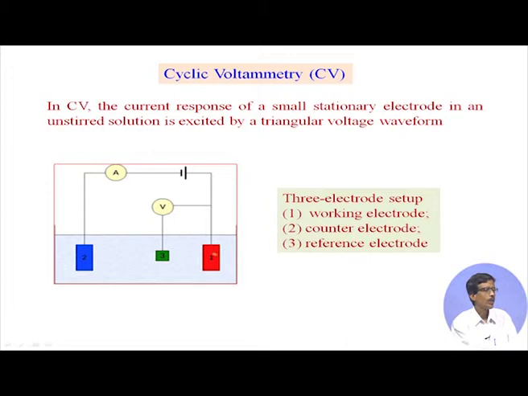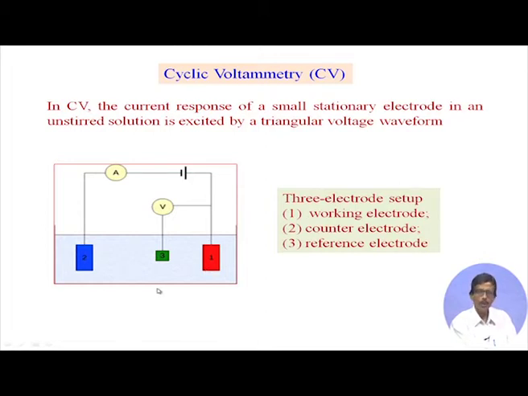Then we require the third one, which is your reference electrode. So, the reference electrode and the working electrode are measuring your potential, and the counter electrode and your working electrode are also connected. So, this is one circuit and this is another circuit, and this is your solution. Within the solution you dip 1, you dip 2 and you dip 3.